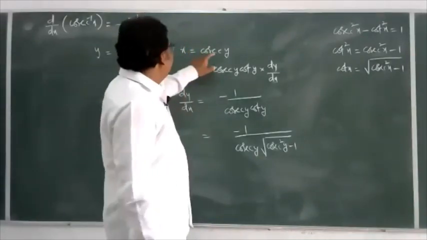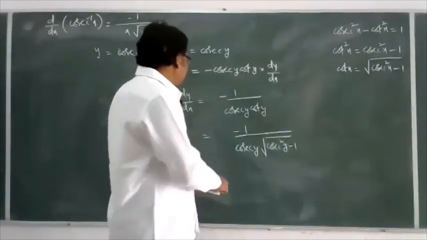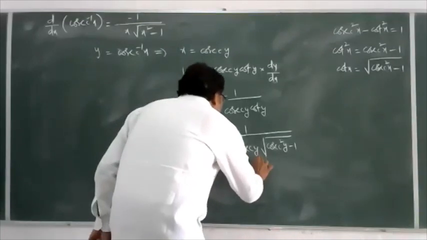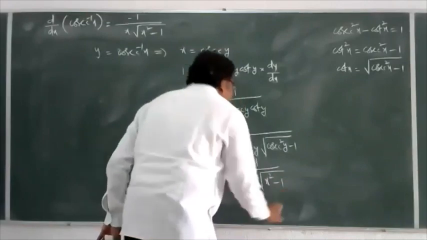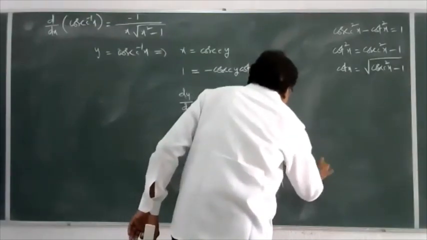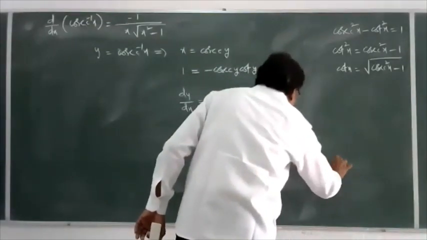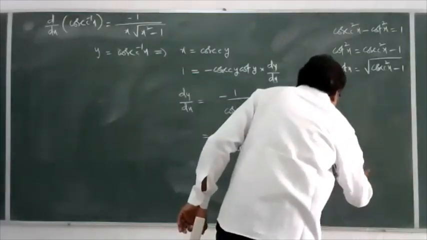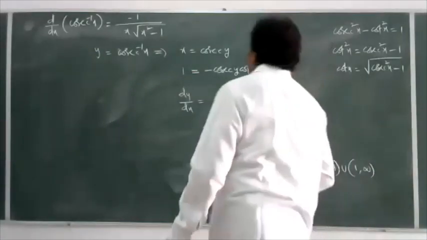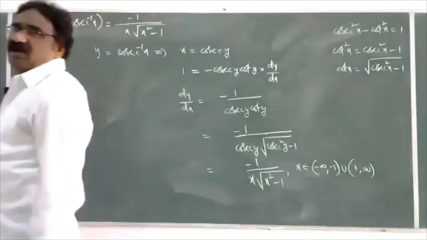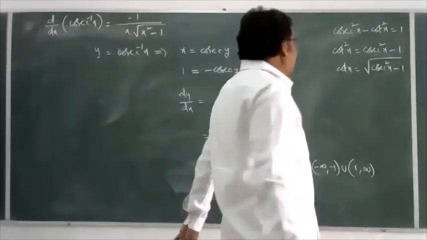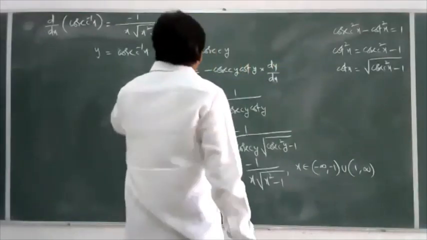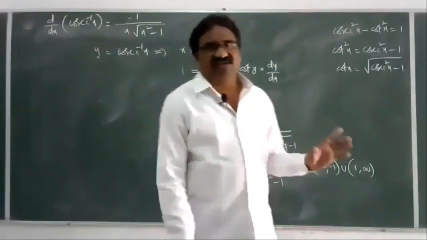So here cosecant y is equal to x. Then substitute: minus 1 by x into root of x square minus 1, where x belongs to open minus infinity to minus 1 union 1 to infinity. This is the derivative of cosecant inverse x.